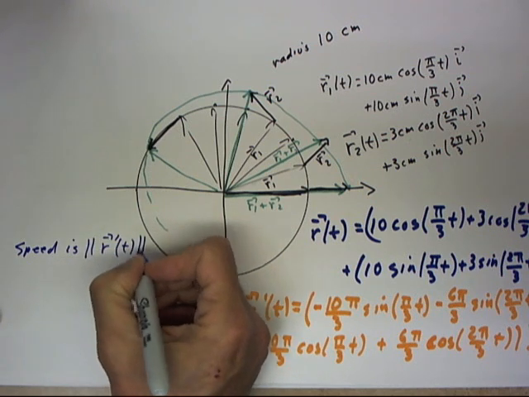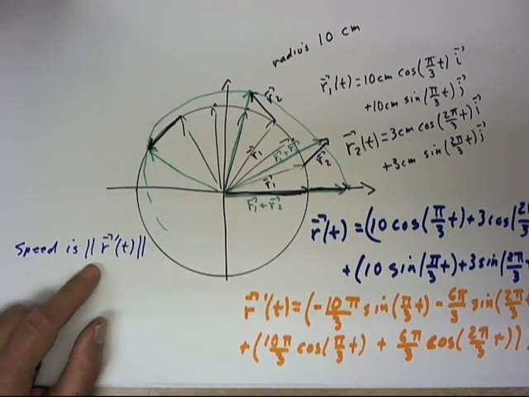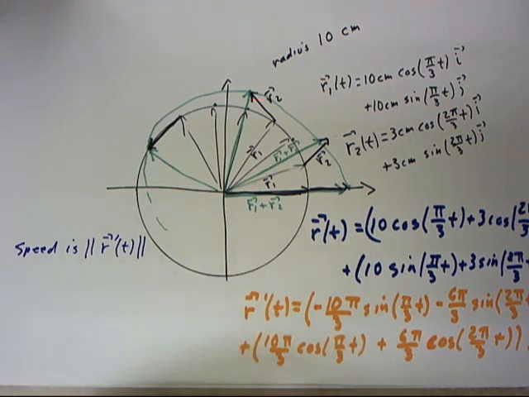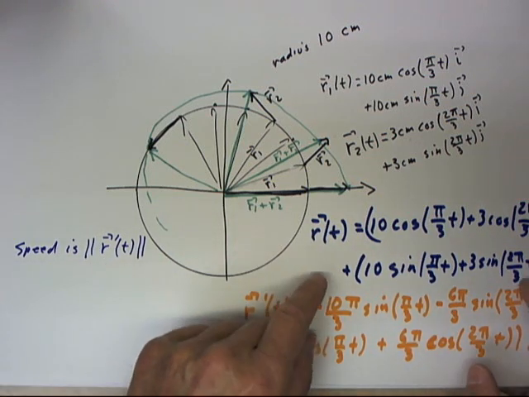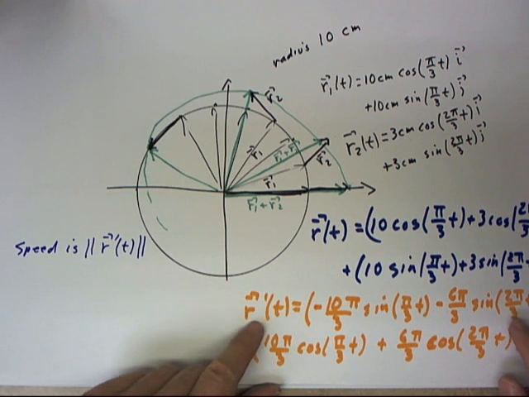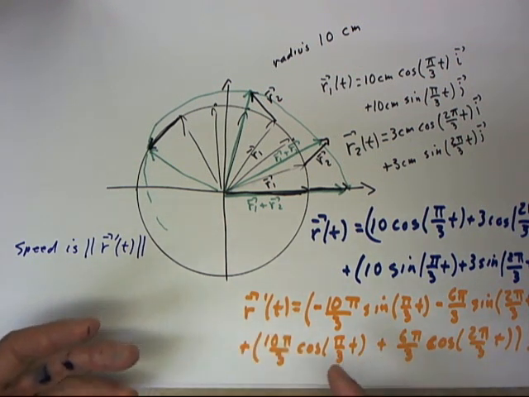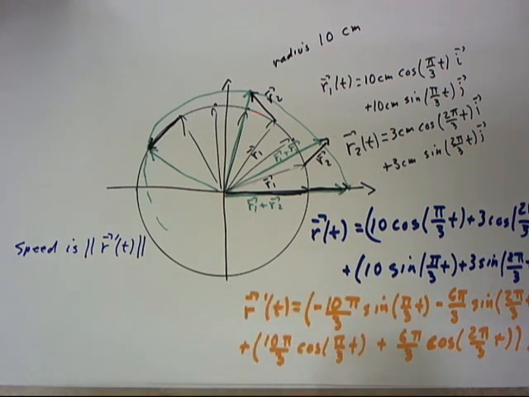Our velocity is r prime, so the speed at any instant is the magnitude of the r prime of t vector. Now, what's that look like? If we write it out, that's going to be the square of the I component plus the square of the j component added together, and then taken the square root.